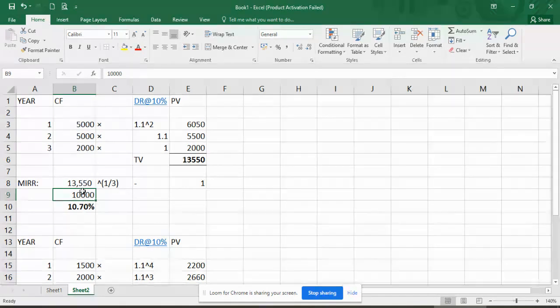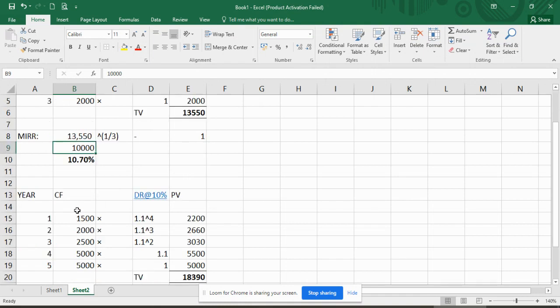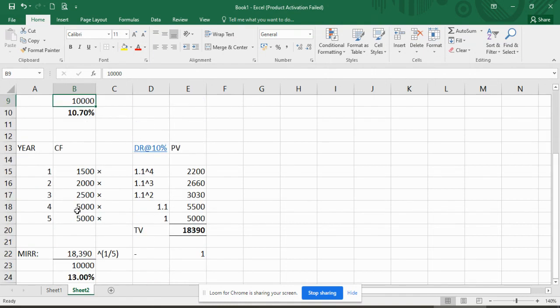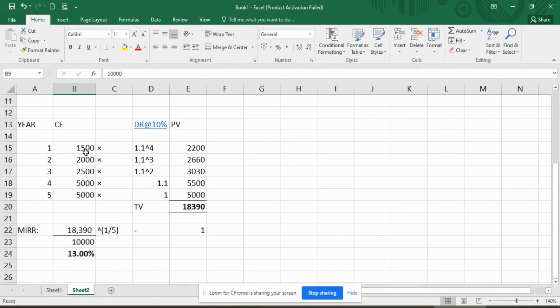The terminal value divided by the initial investment, the whole thing to the power of 1/3 minus 1, you'll get your MIRR, which is 10.7%. Applying the same method to investment B, the only difference is that the 1,500 you reinvest for 4 years: 1, 2, 3, 4.